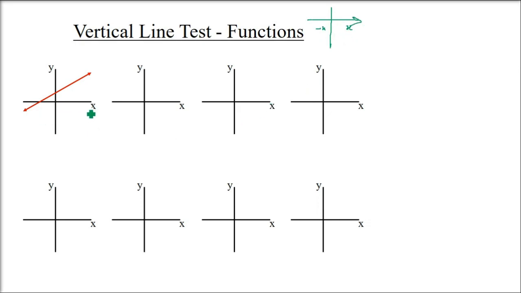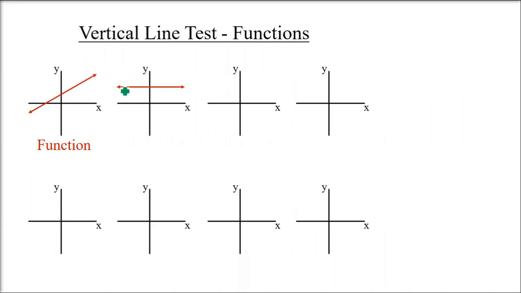We move a vertical line. I'll show you again. There is a line which is coming from left to right, from -x to +x. Now whenever it is passing through the graph, if it is intersecting at one point every time, you say it is a function.